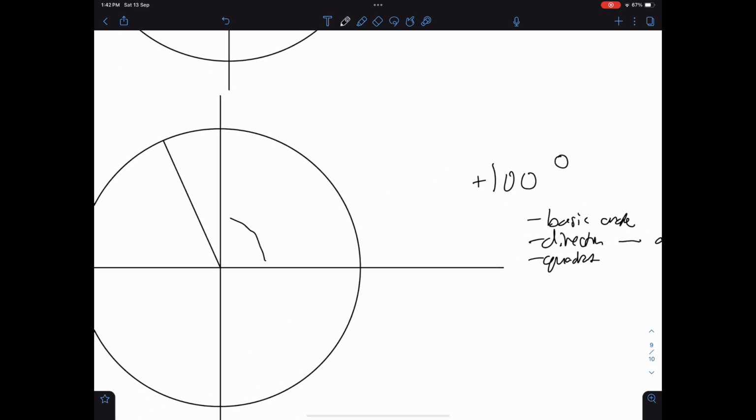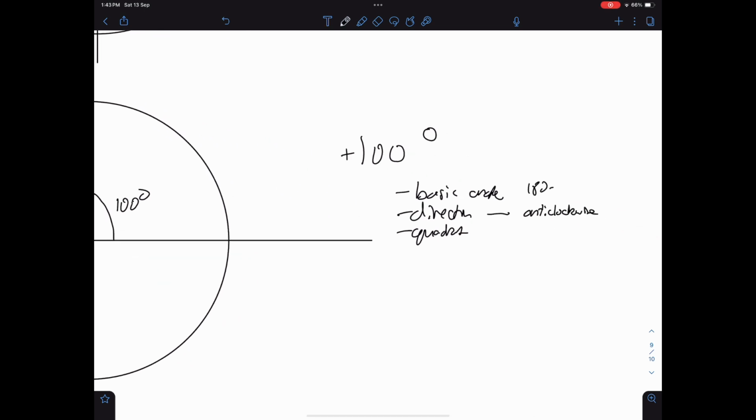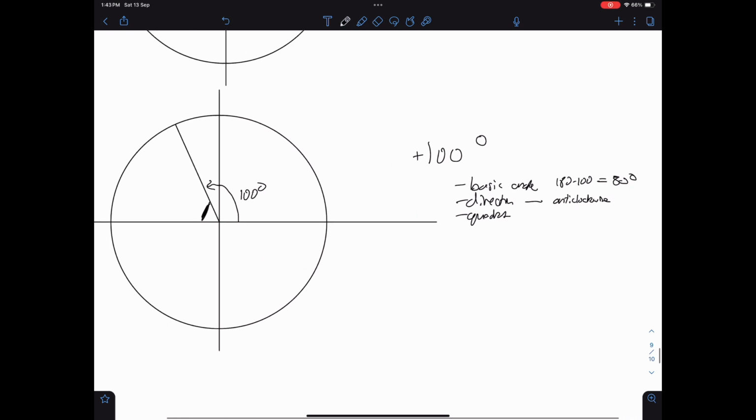Now the basic angle, we've gone 100 degrees. Now what's going to be this angle here? Well, we use angles on a straight line add to 180. So 180 minus 100 equals 80 degrees.